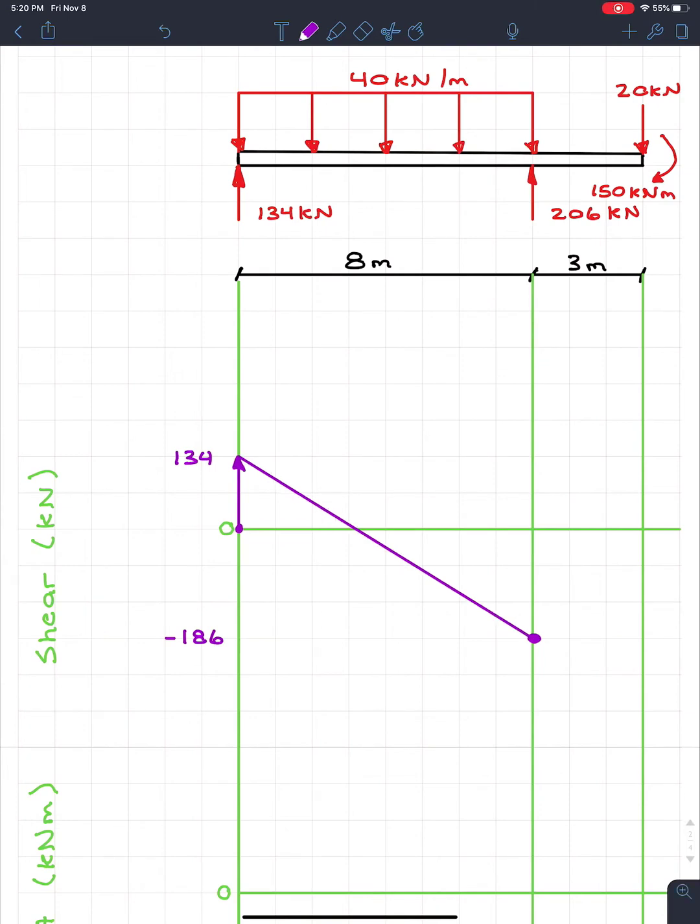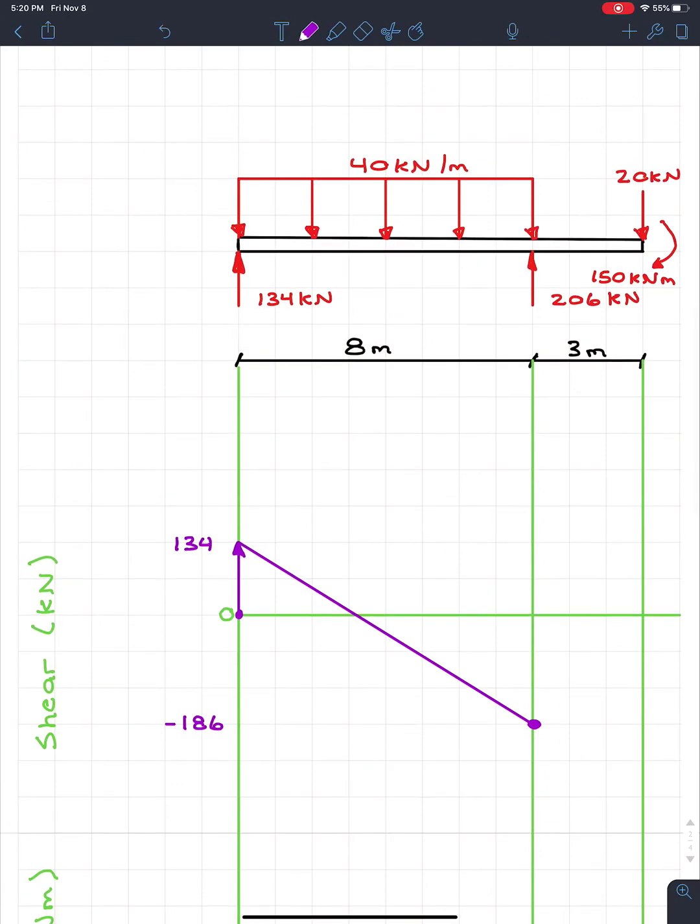This is very, very important, and the reason why will be discussed in the next video, because we're going to get into the proofs of this. But I don't want to always show you the proofs because, let's be honest, you don't care. All you need to know is that if that's constant, that's linear. You don't need to know the proofs or anything like that. So if that's the case, we know our shear diagram is going to look like this.